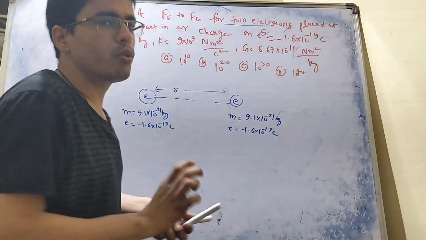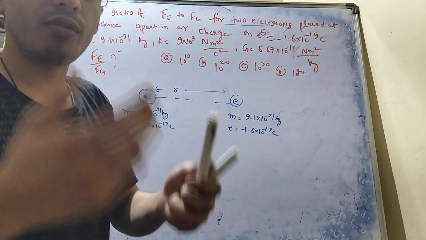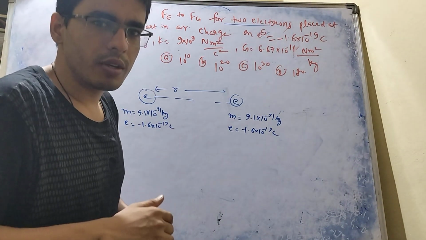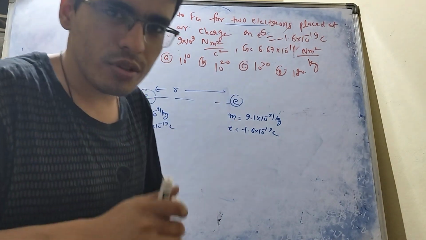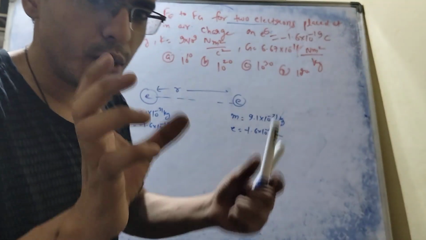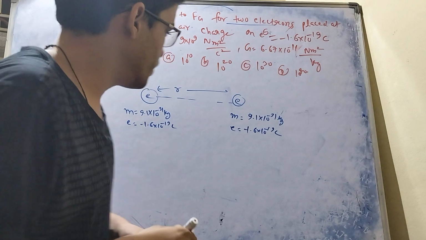Both point objects have mass present. It means gravitational force will exist, and both have charges also. So between two charges electrostatic force will exist. Due to mass, gravitational force exists, and due to charge, electrostatic force will exist, right?